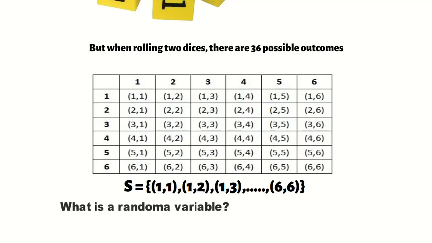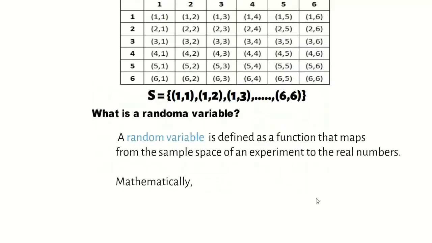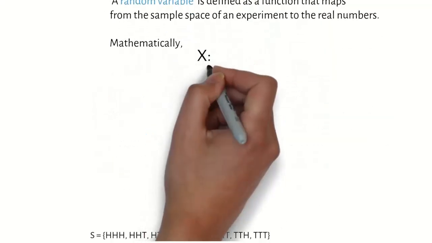So now, since we know what a sample space is, we can easily define what a random variable is. To define a random variable, as I have told you, we need to understand what a sample space is, because a random variable is defined as a function that maps from the sample space of an experiment to the set of real numbers.